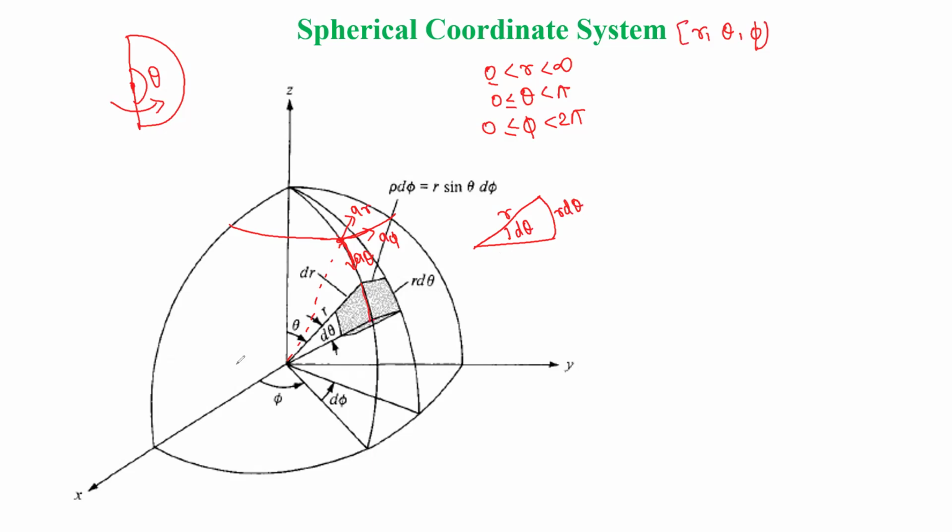Similarly, we'll look for the other dimension. What will be the length of that? So finally, for that, this is connected to the center. So this differential angle here is d phi. The same thing you can project in this plane. So easily you can see that this angle is d phi.